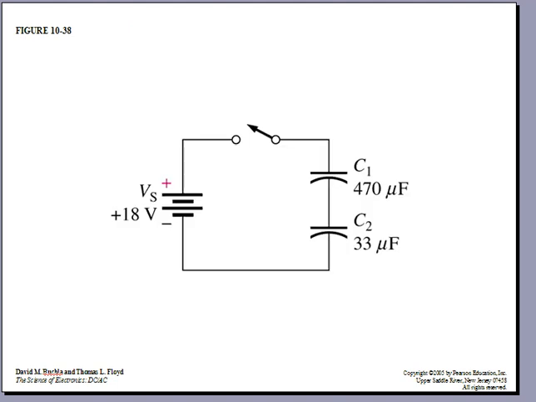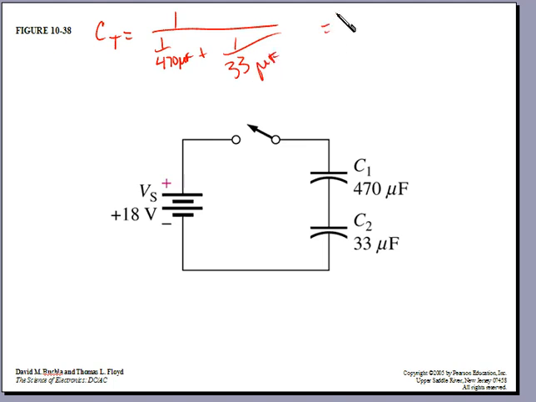Here's one here where the capacitors are going to charge to 18 volts. There's two capacitors. So the first thing we have to do is find total capacitance. It's a series circuit. So it's going to be 1 over 470 micro plus 1 over 33 microfarads.